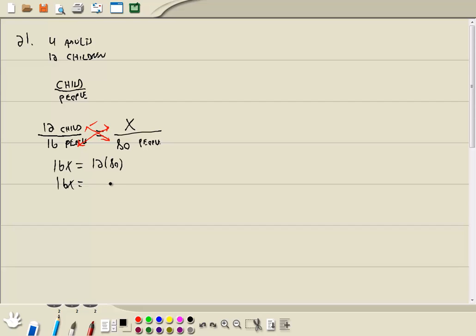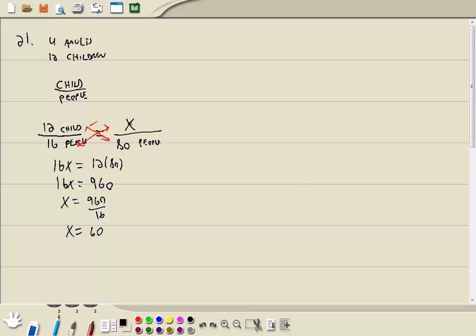So we got 16x equals 96 with a 0. Let's see, 0, 6, 1. Yeah. Divide both sides by 16. And I shouldn't have to do this, but 60, I think. 0, 6, 3, yeah, 60.